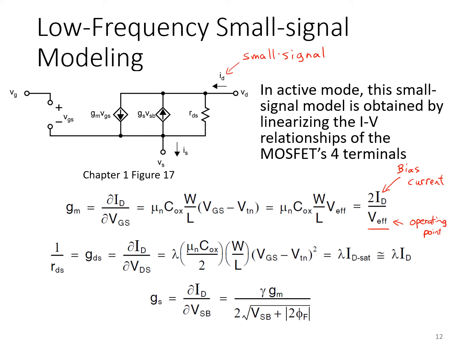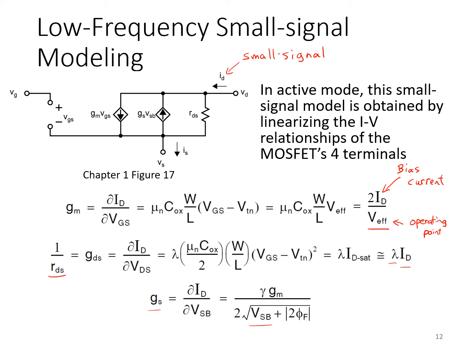Similarly, we can find the value of the small signal parameter RDS in terms of the transistor parameter lambda and the bias current in the MOSFET, ID. And then finally, the body effect transconductance GS depends on the operating point of the source to body voltage and the body effect parameters gamma and the Fermi voltage here.